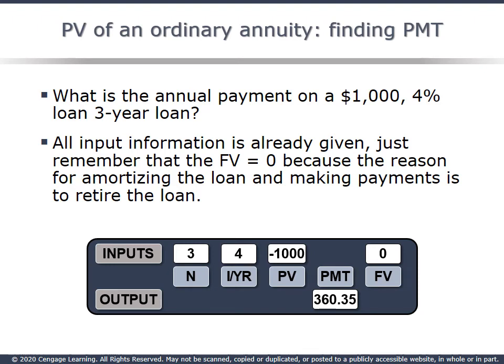So if we borrow $1,000 at 4% for 3 years with 3 payments, each payment occurring at the end of each year, we're going to pay back to our lender $360.35 at the end of each year. After we've made that last payment, we will have totally paid off the loan as well as the interest that we were charged.